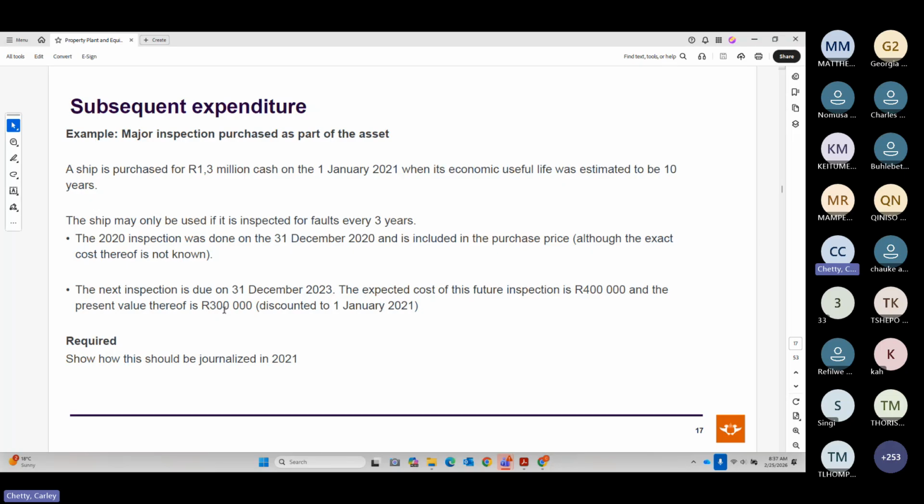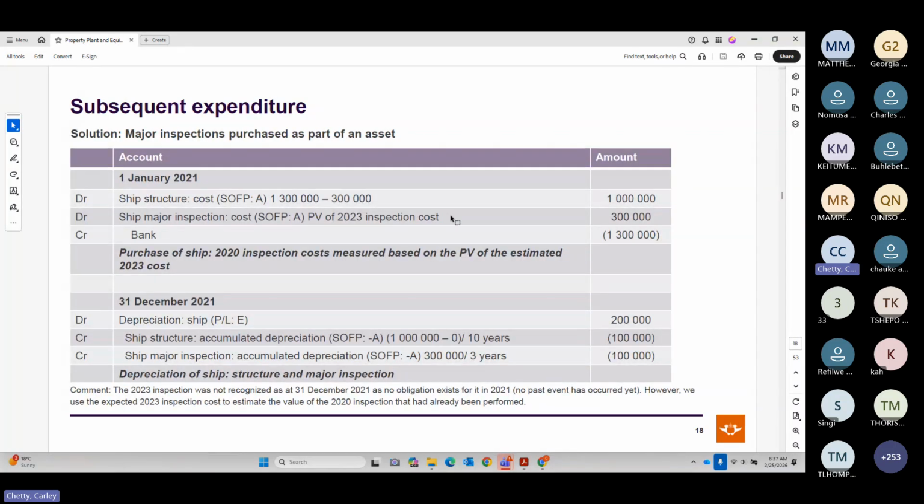So the present value of the inspection at the date we are recording this asset is 300,000 Rand. That is the amount we are going to use to record the ship major inspection. So we're going to debit ship major inspection cost with the present value of the 2023 inspection cost of 300,000 Rand. And then we're going to record the rest of the ship.